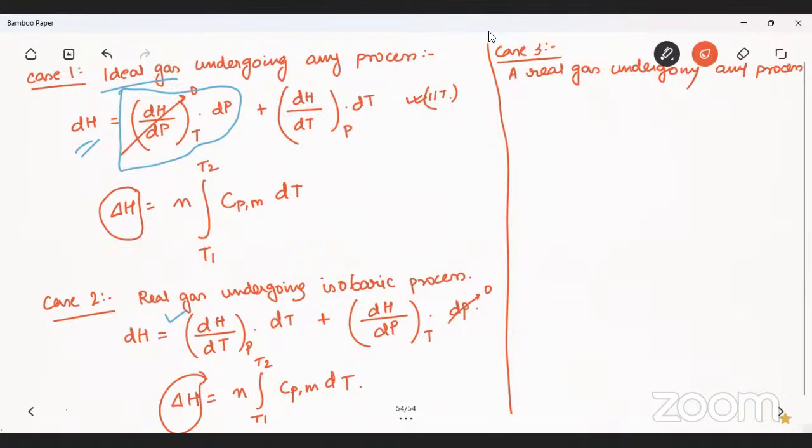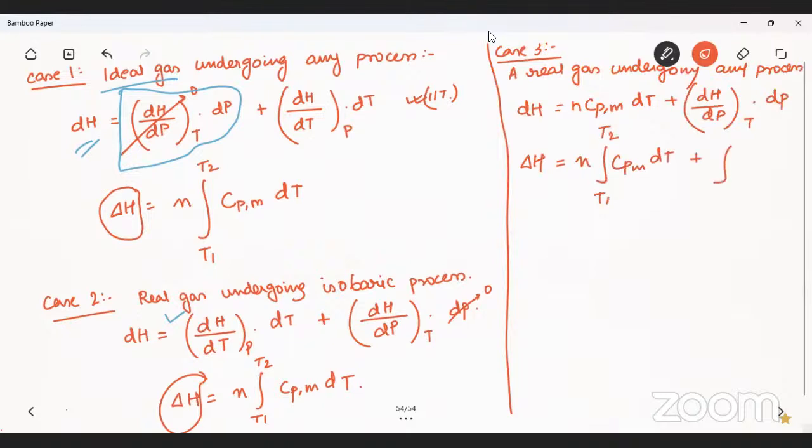For that, the formula will be dH equals n CPM dT plus (dH/dP) at constant T into dP, or delta H will be given as n times the integration from T1 to T2 of CPM dT plus the integration from P1 to P2 of (dH/dP) at constant temperature into dP.